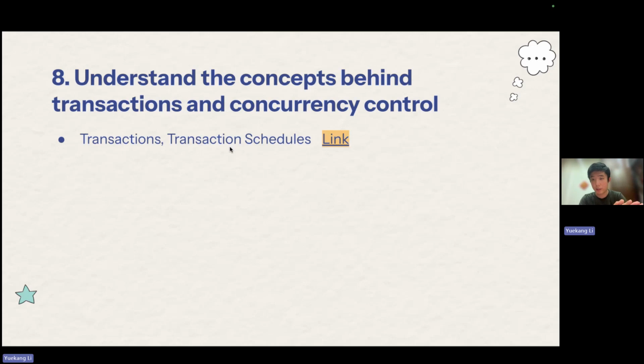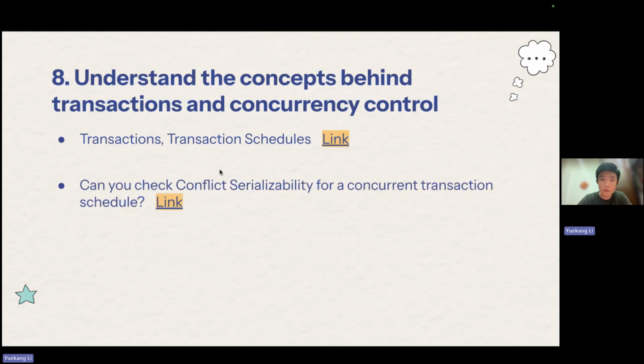There are basically two types of transaction schedules: concurrent schedules and serial schedules. Another important thing here is, can you check conflict serializability for a concurrent transaction schedule? Here's the link to the relevant algorithm for checking conflict serializability. You should be able to do this checking manually.